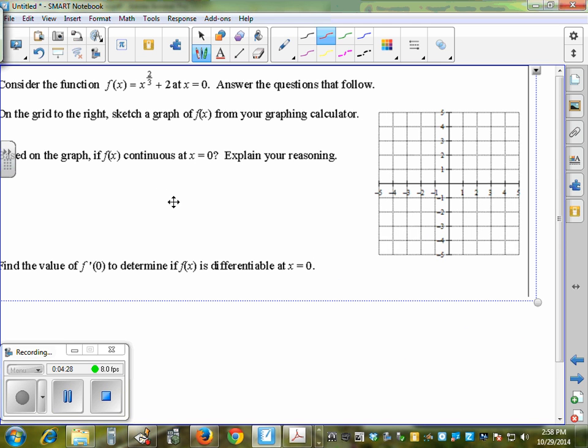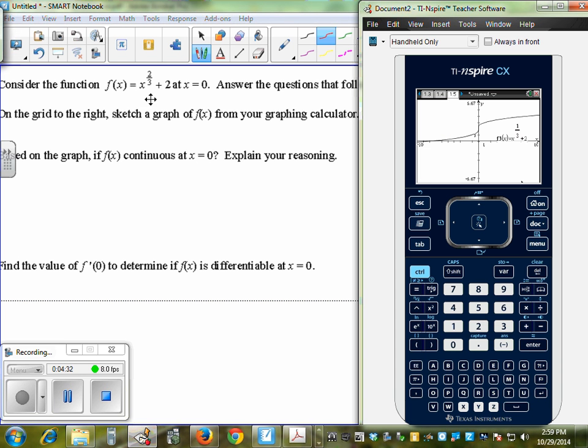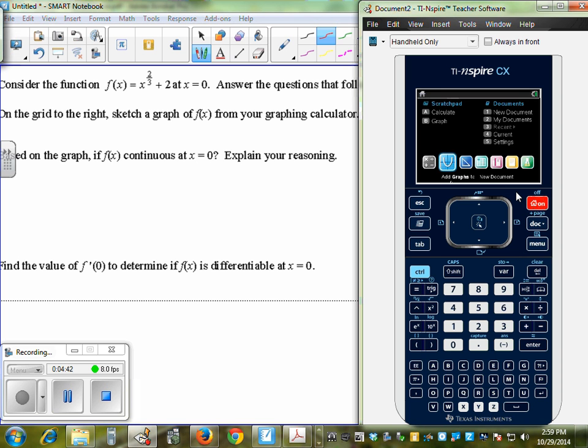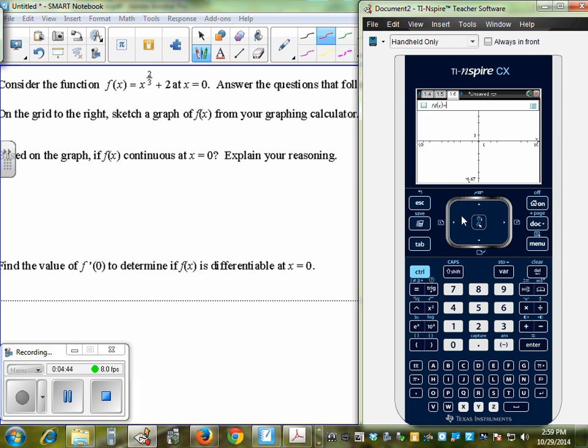All right, number 2. First of all, let's sketch the graph. This is x to the 2/3 plus 2. Another graph.